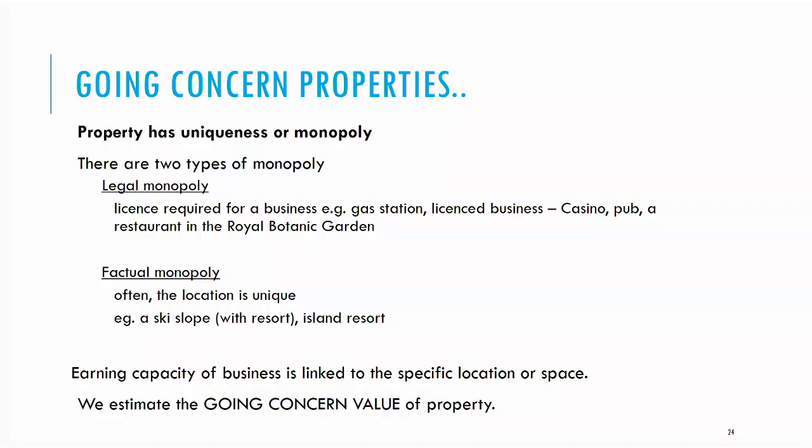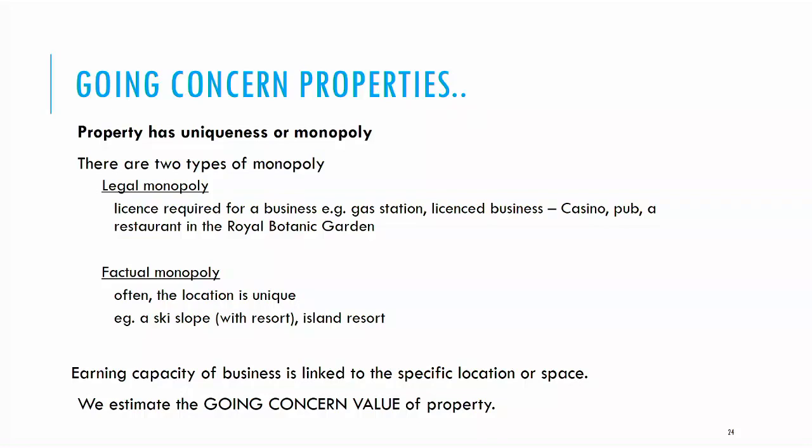These properties are kind of unique and they have monopoly. When you talk about monopoly, there are two types of monopolies. One is legal monopoly, the other one is factual monopoly. What are legal monopolies? If the business has a license that is needed to run that business, that's a legal monopoly. For example, gas station, casinos or pub, those businesses need license. And factual monopoly, it's often the location is unique.